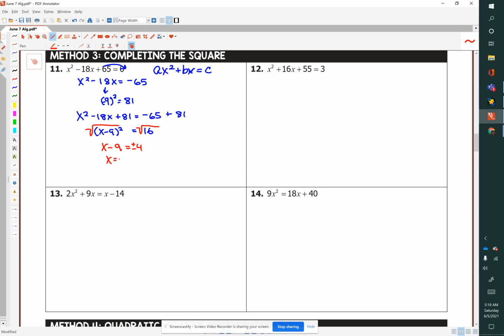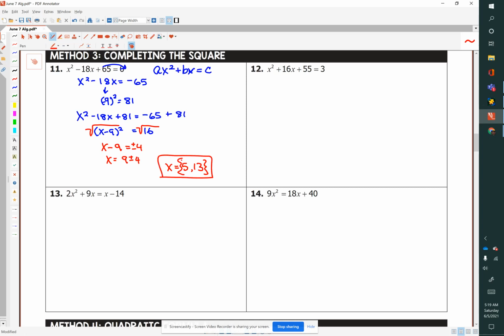And when we solve for x, x will equal 9 plus or minus 4, which means x equals 5 or 13, because 9 minus 4 is 5, and 9 plus 4 is 13.